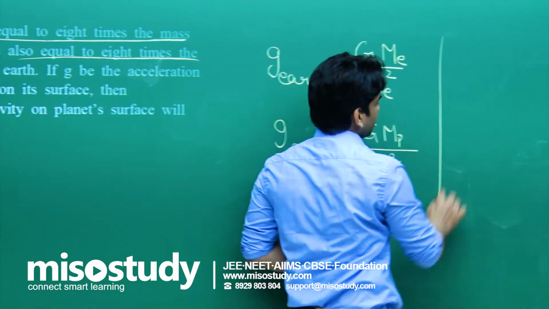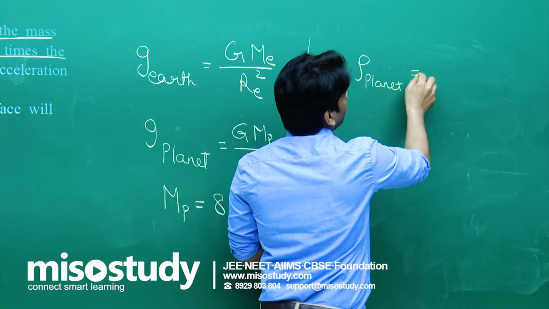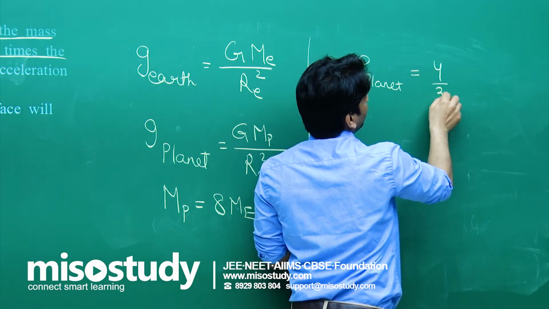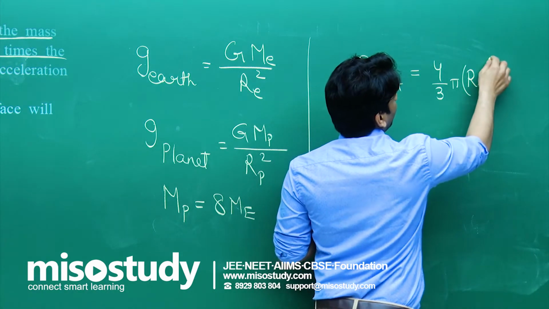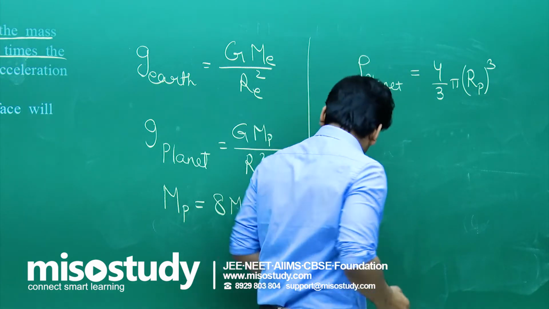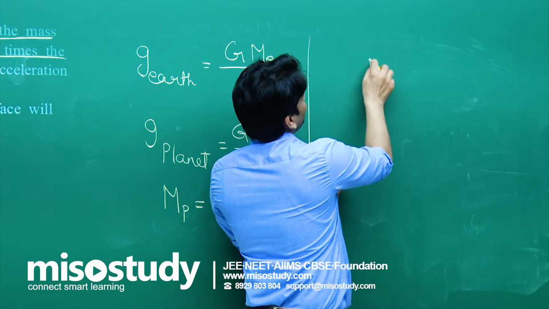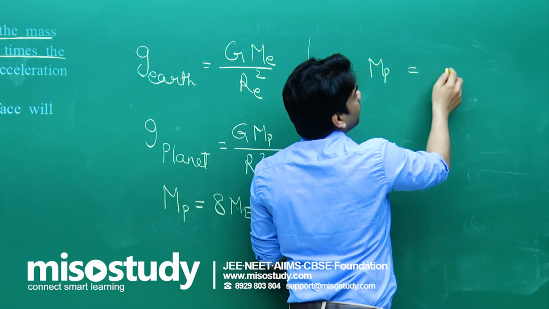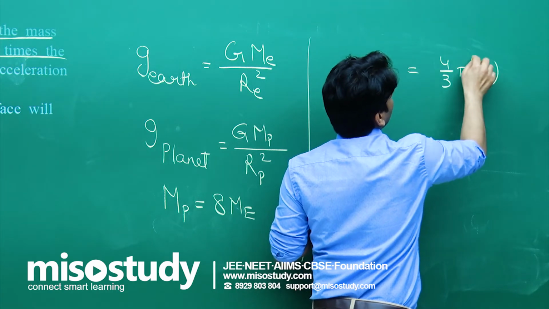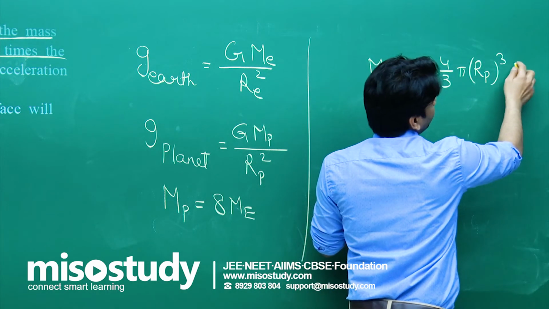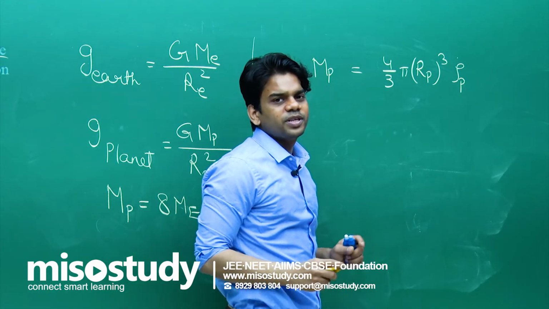We know mass of planet is equal to its volume, 4 by 3 pi radius of planet whole cube, multiplied with its density, that is rho of planet. This is what has been given to us.